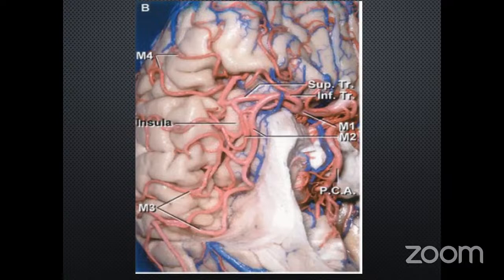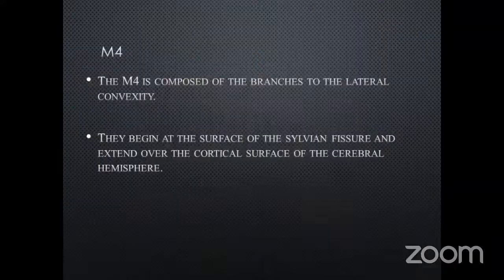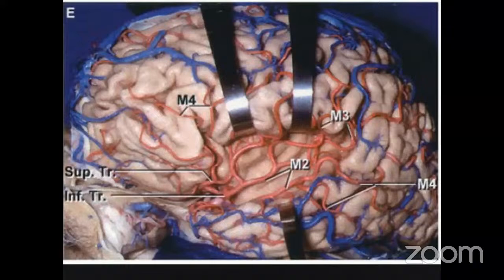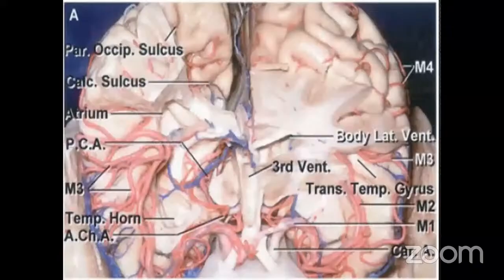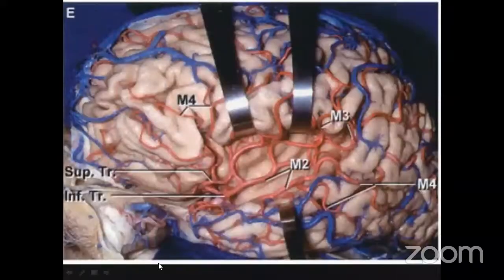And what is the M3 segment called? The opercular segment. Okay. Can you show the frontal and the temporal branches? We can see here, even in this picture, you can see the bifurcation.